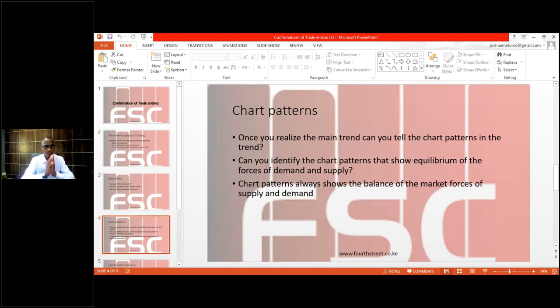I think I'll call up George right now to add a point or two regarding chart patterns, identifying the main trend, and how to identify chart patterns that show the equilibrium forces of demand and supply before we move further to the next points.